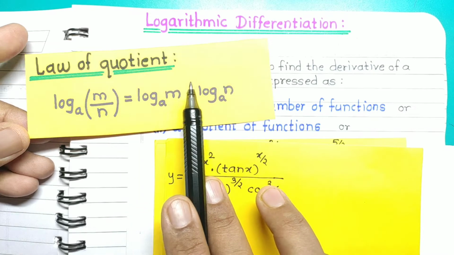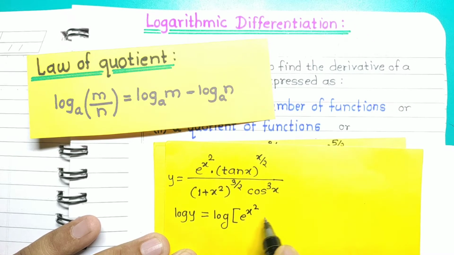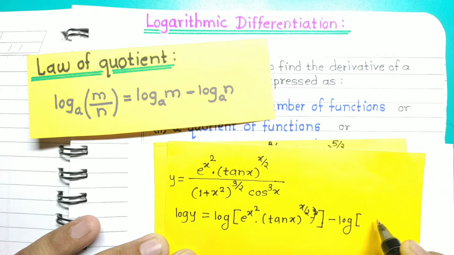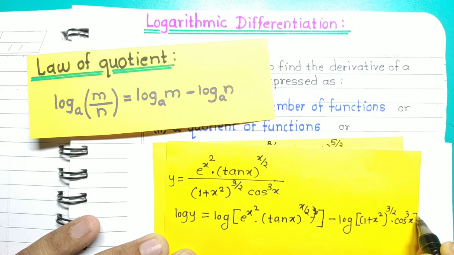So using this law of quotient, we can simplify this term as log of numerator, tan x raised to x by 2, minus log of denominator, 1 plus x square raised to 3 by 2 into cos cube of x.